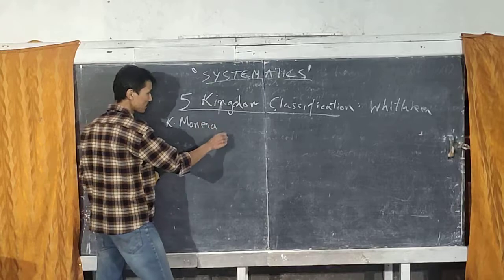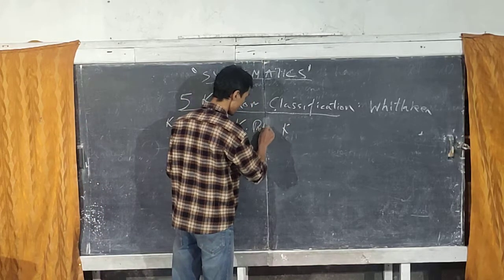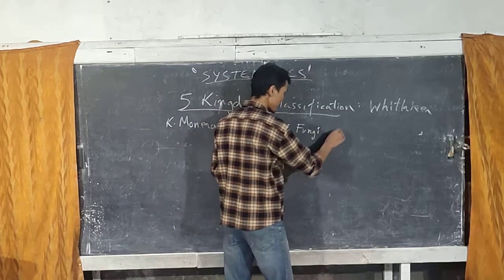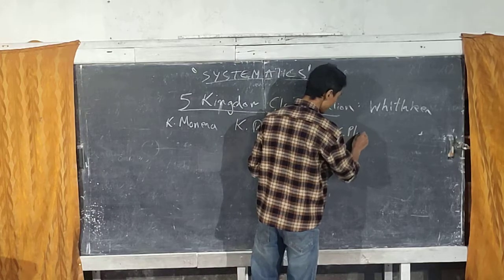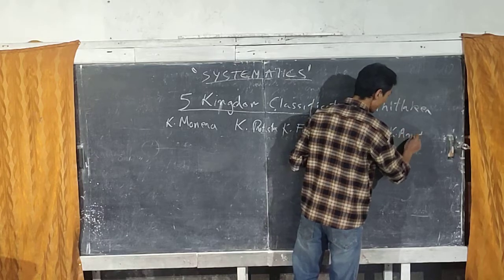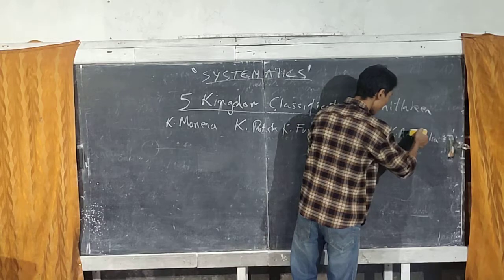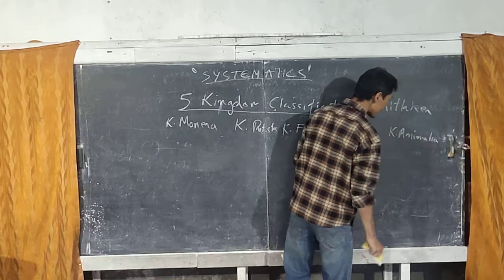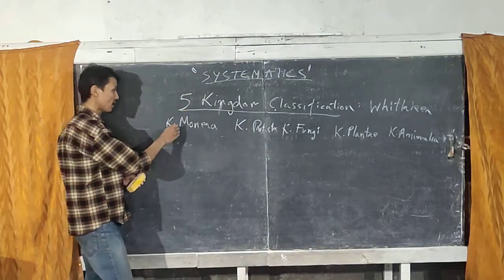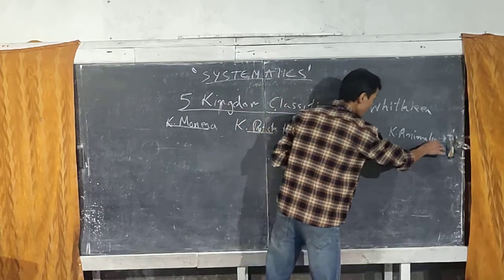Kingdom Monera, Kingdom Protista, Kingdom Fungi, Kingdom Plantae, and Kingdom Animalia. So, according to Whittaker, the 5 kingdoms are Monera, Protista, Fungi, Plantae, and Animalia.